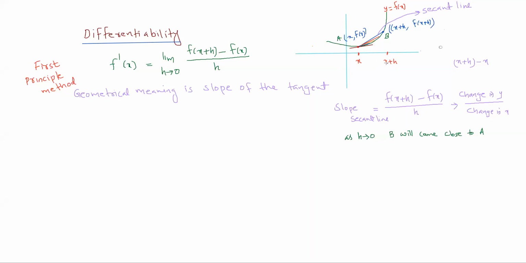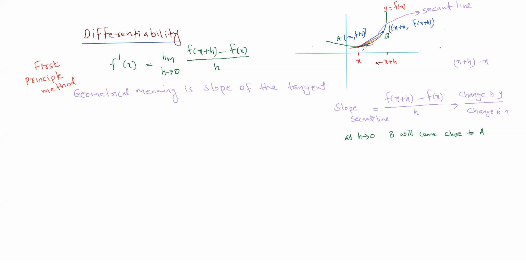That will happen when h goes to 0, the point b will come closer and closer. h goes to 0 मतलब x plus h x में आएगा. That means point b will be closer and closer to a. So the secant line, step by step, at the last moment when h is very close to 0, points a and b become almost the same.